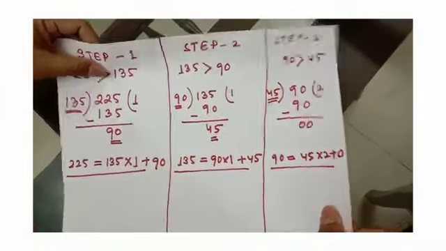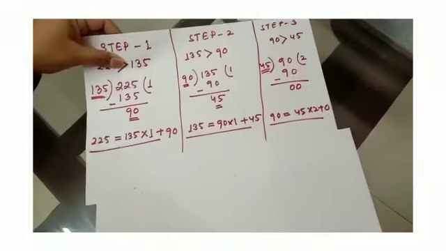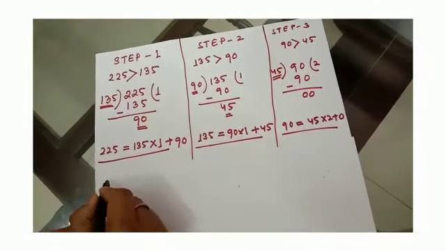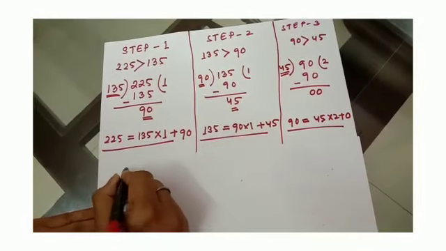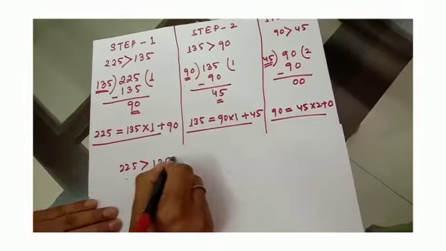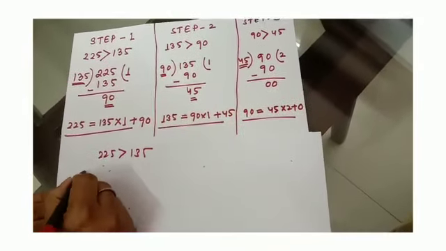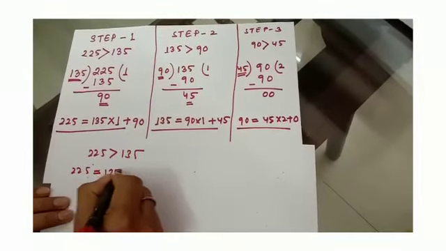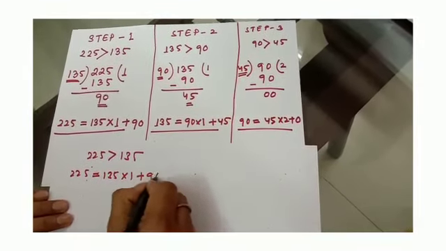So how can we rewrite this? Look at the first step, we can see 225 is greater than 135. So we can say 225 is equal to 135 into 1 plus 90.